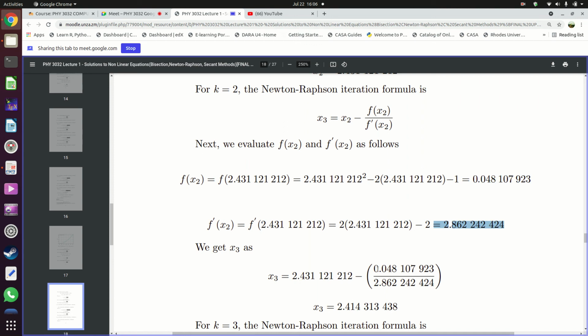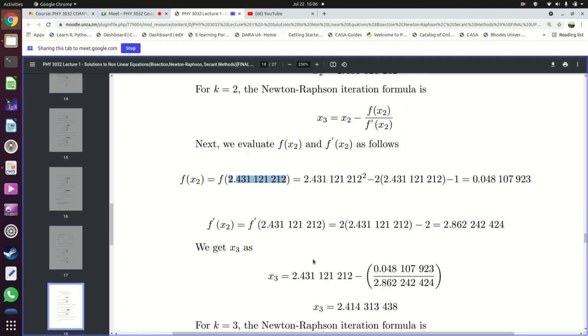We substitute the value of the function, which is this, and the value of the derivative, which is this, and then of course there is x2 itself, which you found earlier.